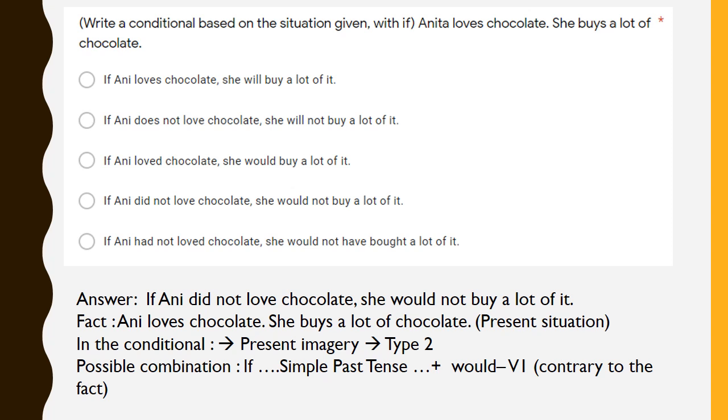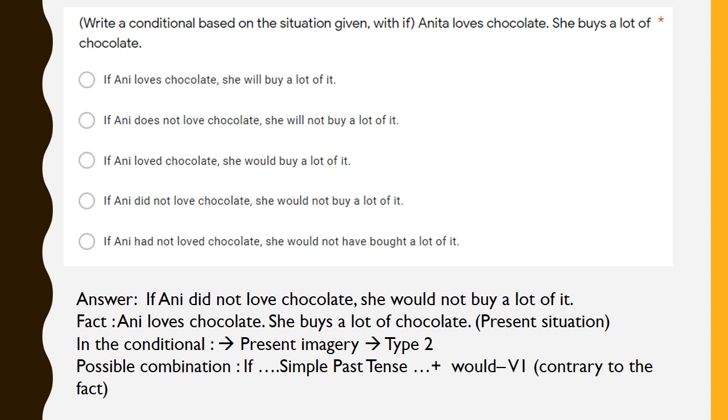Question: Write a conditional based on the situation given with if. Anita loves chocolate. She buys a lot of chocolate. Answer: If Anita did not love chocolate, she would not buy a lot of it. Because the fact is, Anita loves chocolate.